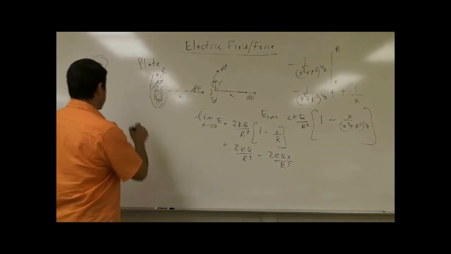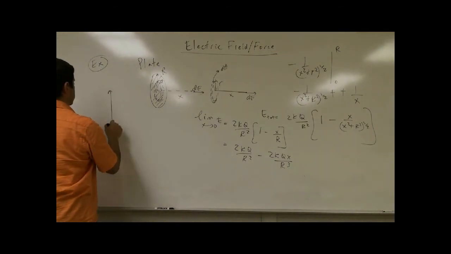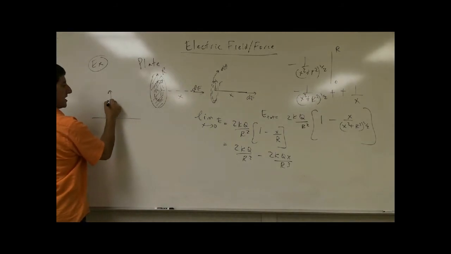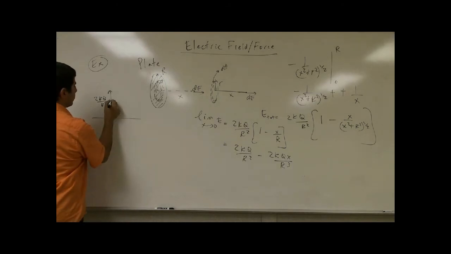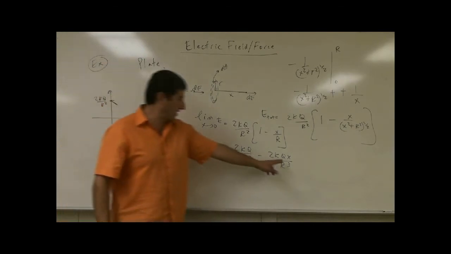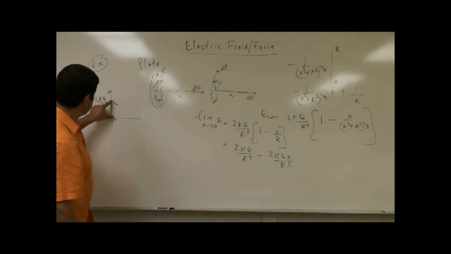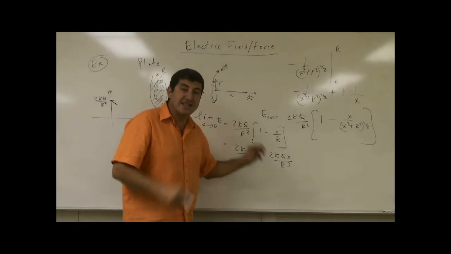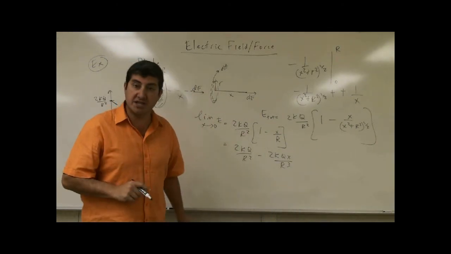Okay, so the electric field of a disk at the center, it starts out as 2kq over r squared, and then it drops off linearly when x is a small number, right? So it has that linear behavior. So if you notice, this is similar to the linear behavior that the ring displayed.